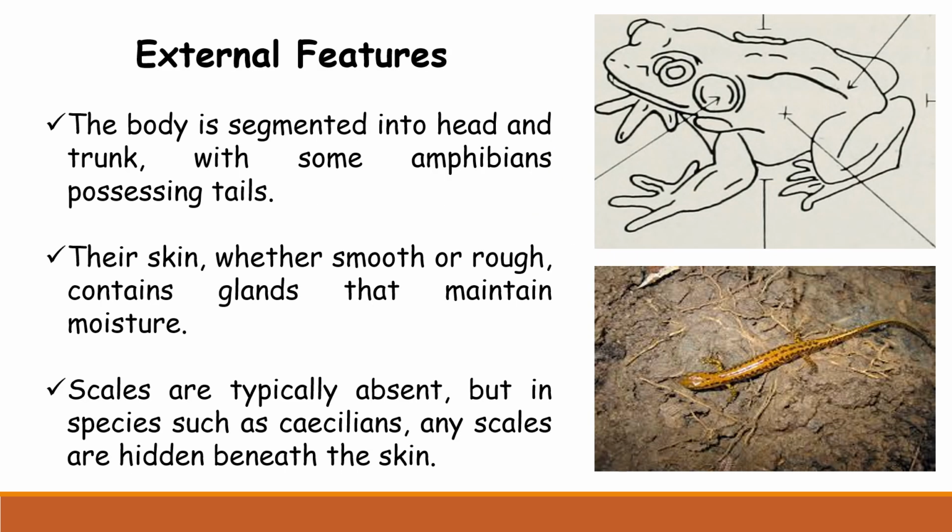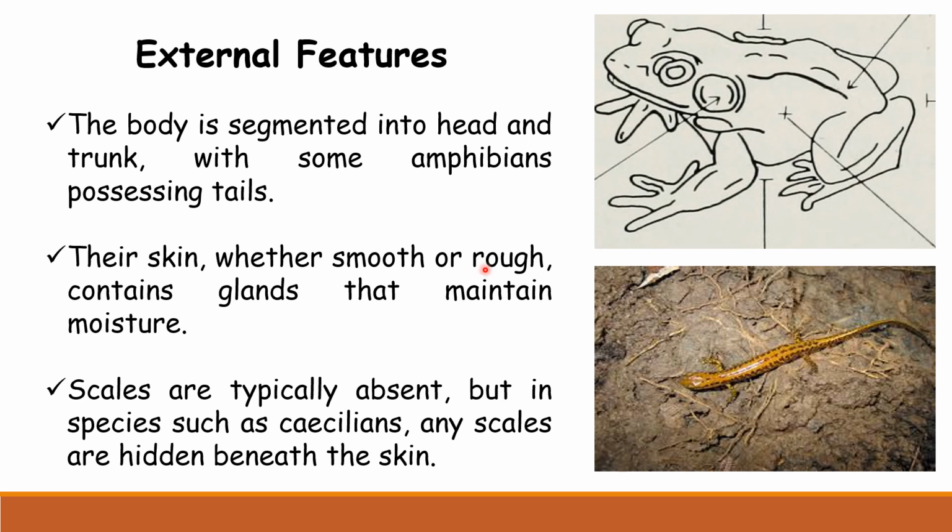The external features of amphibians: the amphibian's body is segmented into mainly divisions, that is, head and trunk. Some amphibians don't have a tail, but on the other hand, in some amphibians like salamanders, we can see even the third body division, the tail, is present.